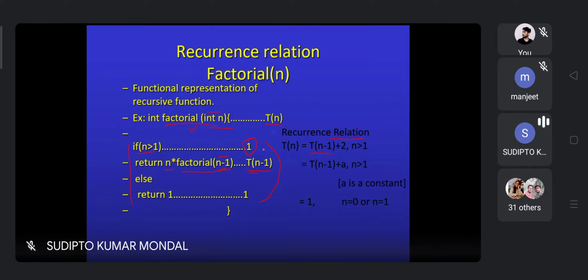The 2 means basically this one and that one, these two. So T of n comprises two things. One is T of n minus 1, the function calling itself, and the rest is the two single line statements. And when will it happen? Whenever n is greater than 1.